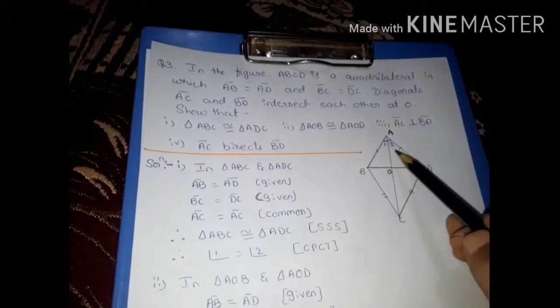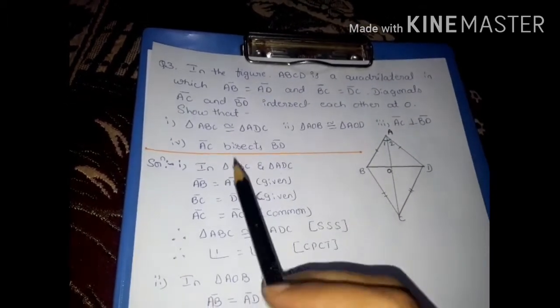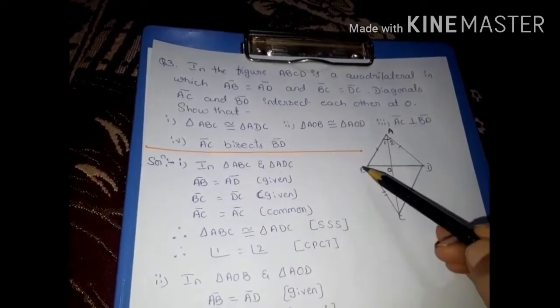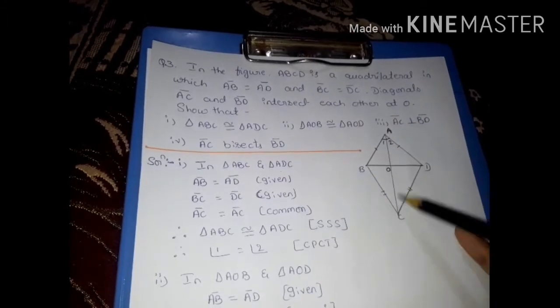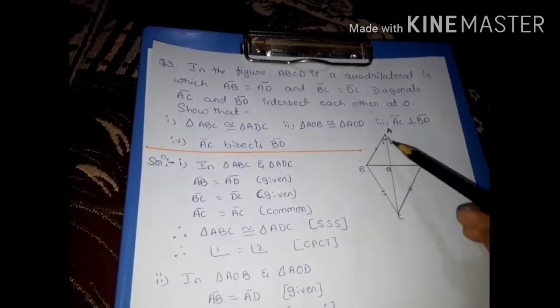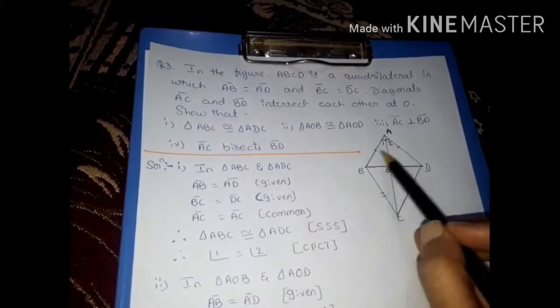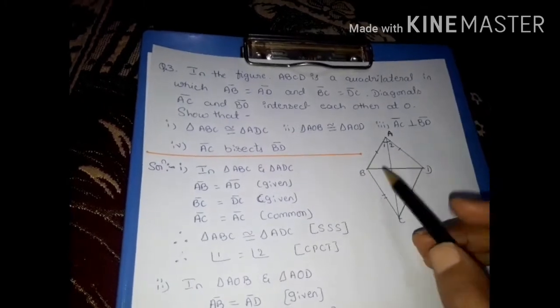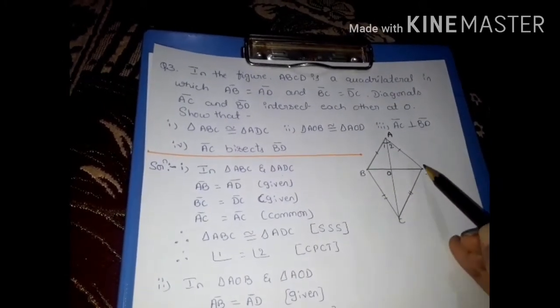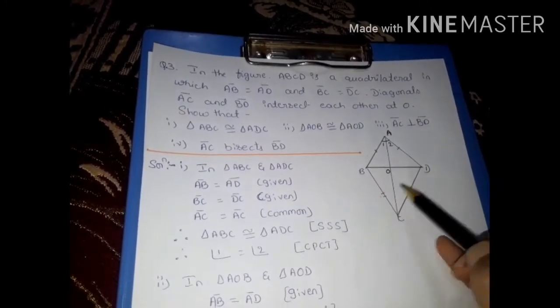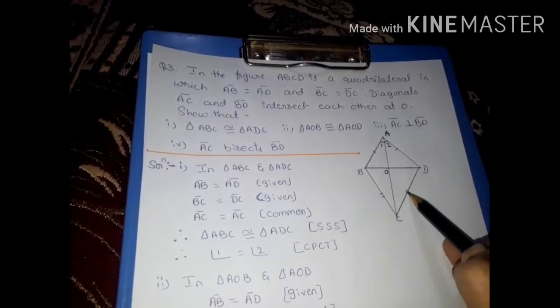congruent. To show these two congruent, first consider triangle ABC and triangle ADC. AB equal to AD, given in the question. These two are equal, given in the question, and also BC equal to CD, also given in the question. These two line segments are equal.